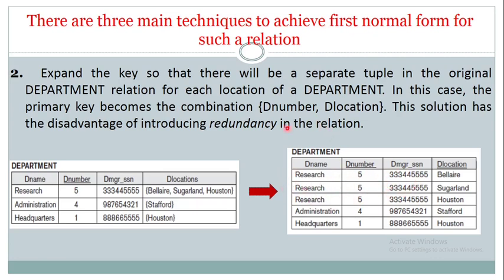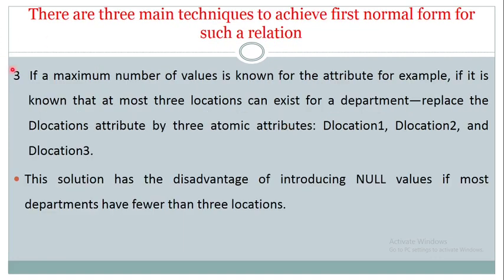Let us look into the third technique. If the maximum number of values is known for the attribute, for example, if it is known that at most 3 locations can exist for a department, then replace the department location attribute by 3 atomic attributes: location 1, location 2 and location 3.